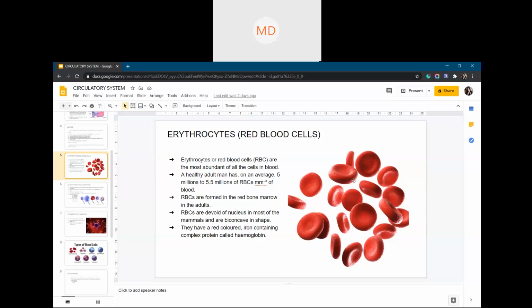Okay, these red blood cells, you can see the structure or the shape of the red blood cells. Have you learned concave and convex lens, concave mirror, in chemistry? Not in chemistry, sorry, in physics, you have learned about the concave lens and concave mirror, right?